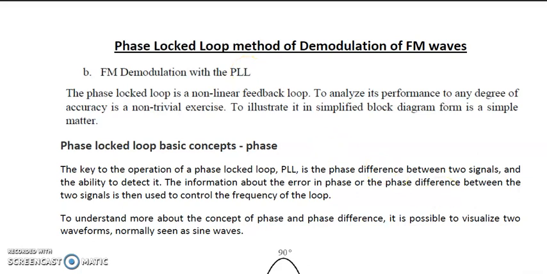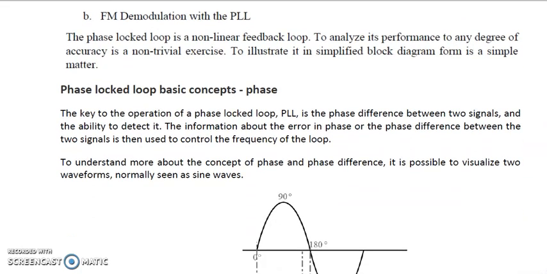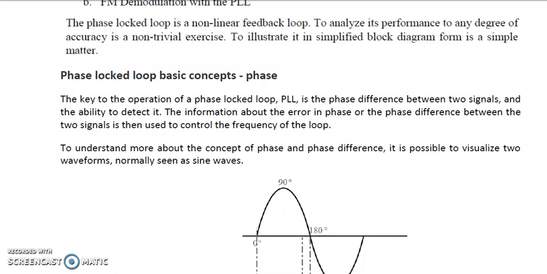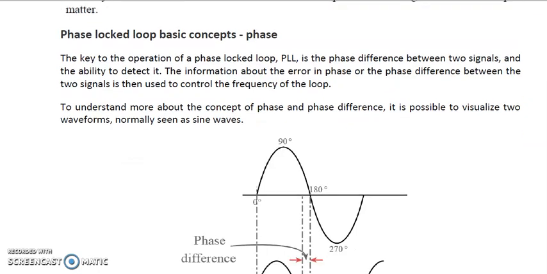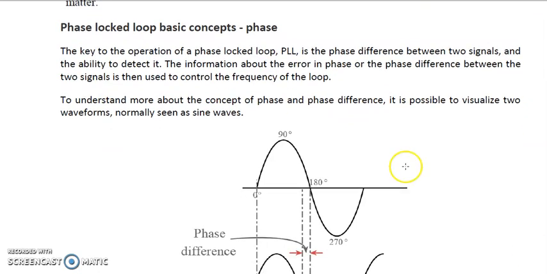Now, before understanding the phase locked loop, we must understand what we mean by phase. What is phase angle? Phase angle is measured in degrees, that is 0 degree to 360 degree, when we draw a sinusoidal or cosine wave in a time domain diagram.